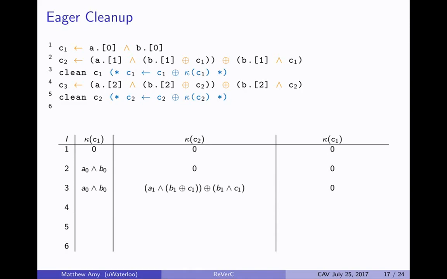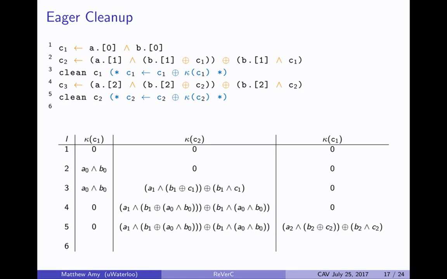Then we assign C2, and again we change the cleanup expression. Now when we clean C1, we've actually changed the value of C1, so those references to C1 in line 3 are no longer valid. We need to find a new cleanup expression. We basically just substitute the old cleanup value for C1 into the cleanup value for C2. And then we continue on.